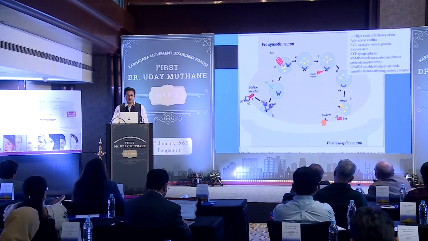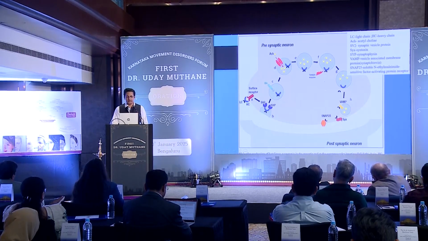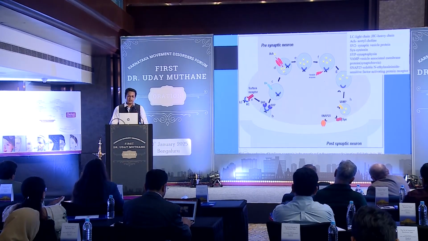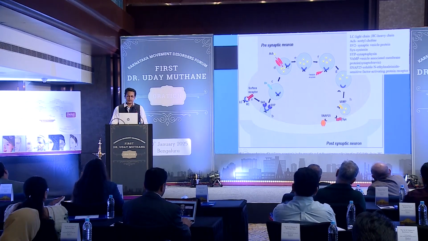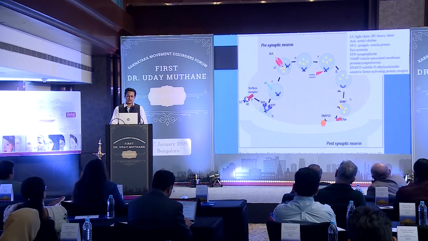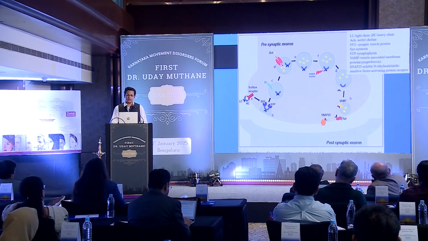Once the toxin is there within the vesicle, an acidic medium is created by this cation pump, and the acetylcholine is also there within the same vesicle. By a still yet unknown process, the toxin is extruded out, and the catalytic enzymes work on this, and the light chain is cleaved off.